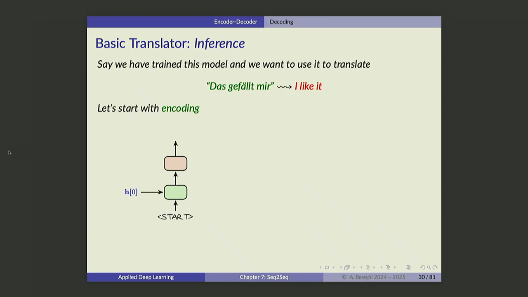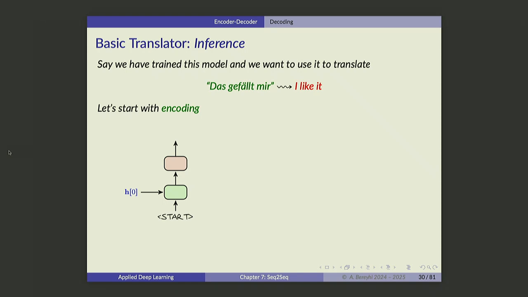Okay, cool. Now, let's see one specific sentence, and I chose this sentence in particular because it somehow fits the idea of how you can sample. Does anyone know what it means? I have the translation, but do you know what it literally means? Das gefällt mir. It means it feels good to me. It's the way that people say "I like it" in German.